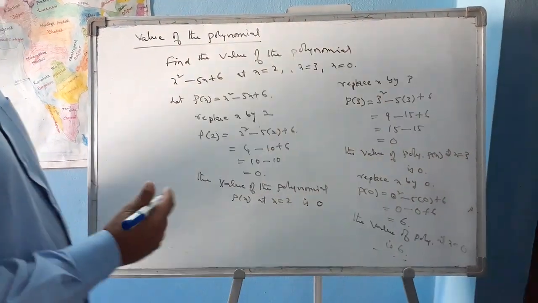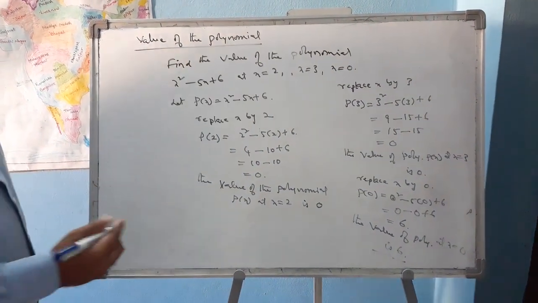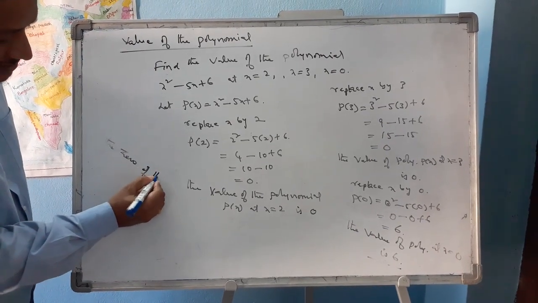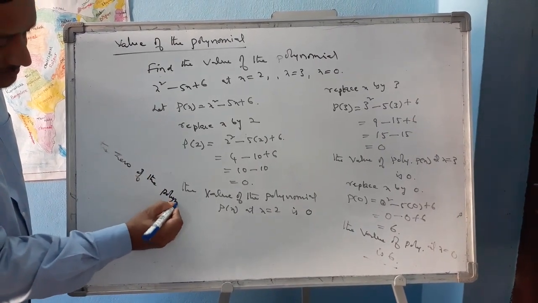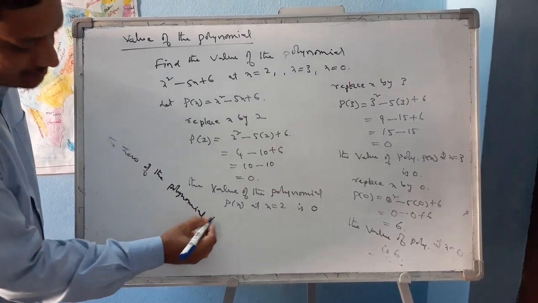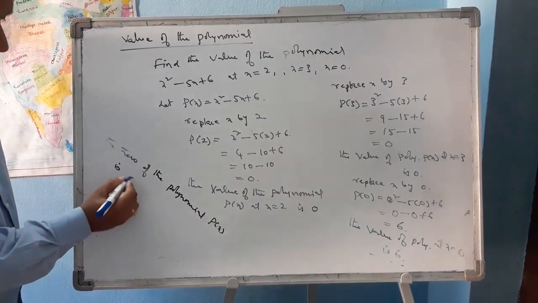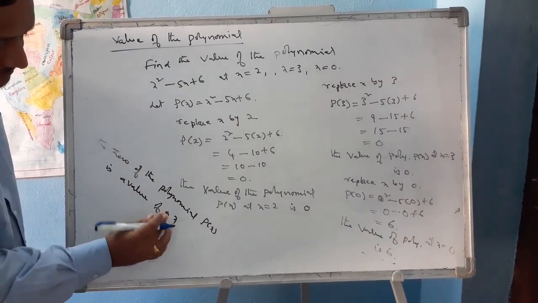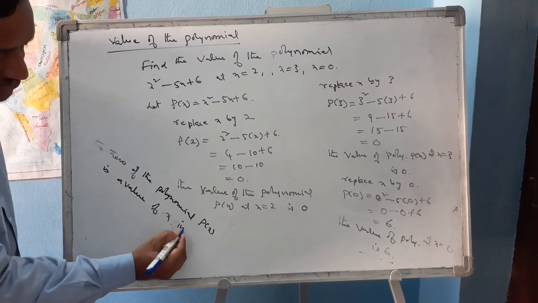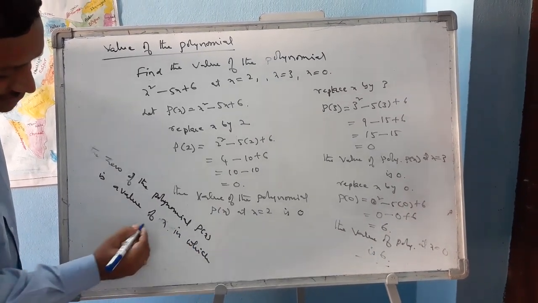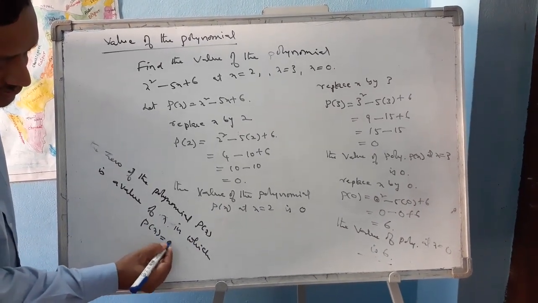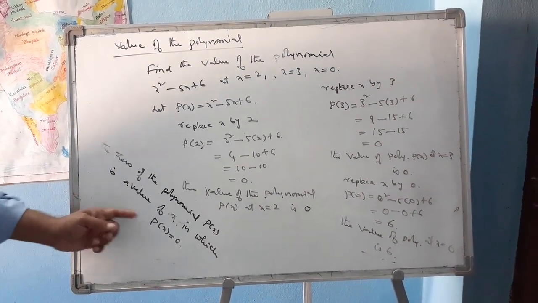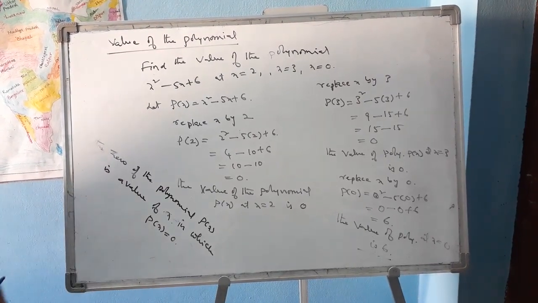So what is the definition of the zeros of the polynomial? The zeros of the polynomial p of x is a value of x in which p of x is equal to 0.